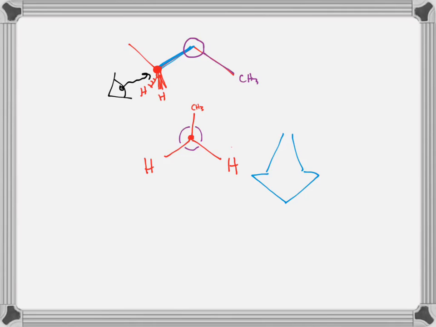If we go through and look at our back carbon, where's that methyl group relative to our blue bond? Directly underneath it. Why do we know it's not wedged or dashed? Or sorry, left or right of it? Because it's not wedged or dashed. It's in the plane of the paper. So when we rotate that out 90 degrees, our paper is now exactly 90 degrees to the board.